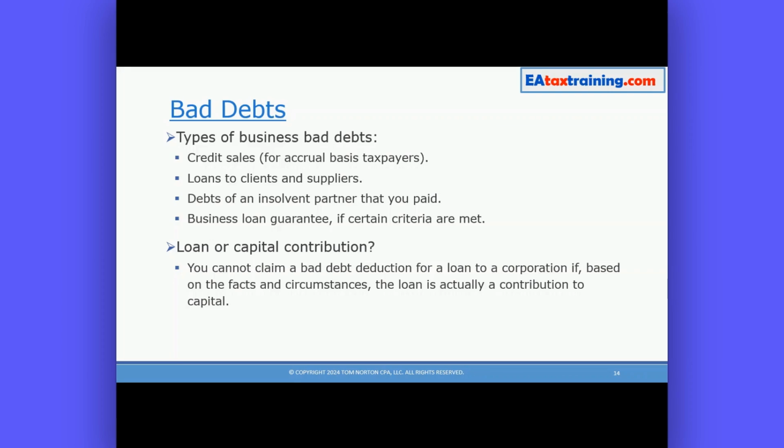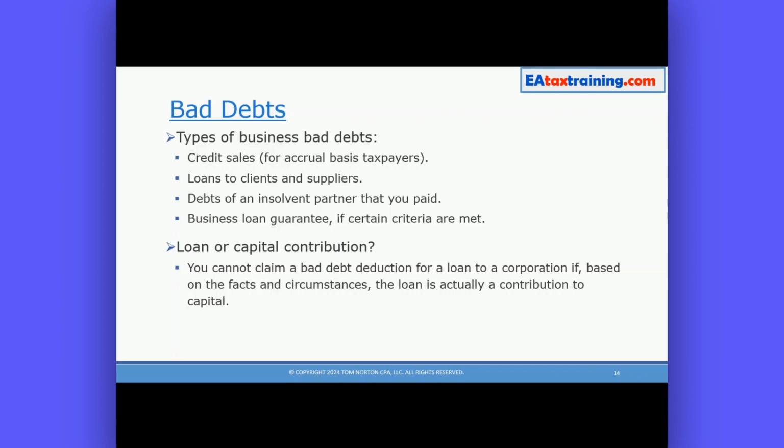You need to make sure you've actually got a loan. So it needs to look like a loan. That's called the form. And it actually needs to be a loan. That's called the substance. So you've got the substance of the transaction and the form of the transaction, which is what the transaction looks like. When you are dealing with related parties, you want to make sure you have both substance and form.